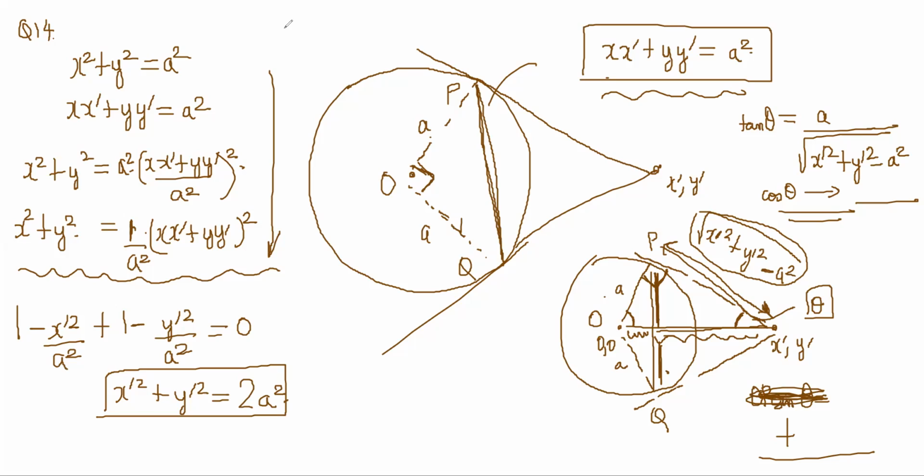When you get the chord length, that chord length squared should be equal to 2a², because a² plus a². That is one way to do it by geometry. It is simple, you just write all the conditions. Tan theta is this, then cos theta will not be very difficult.